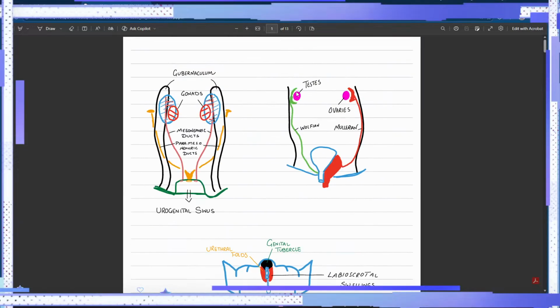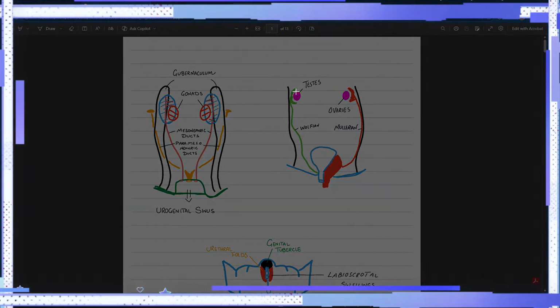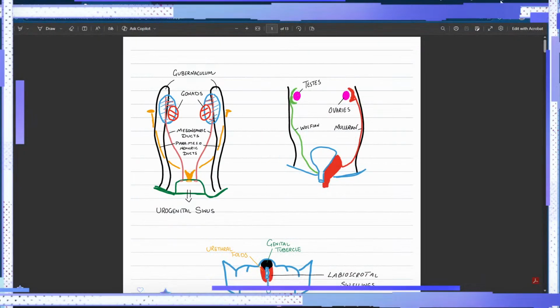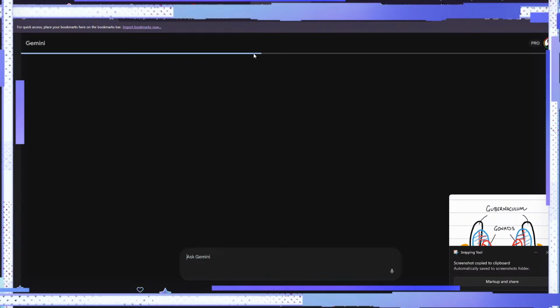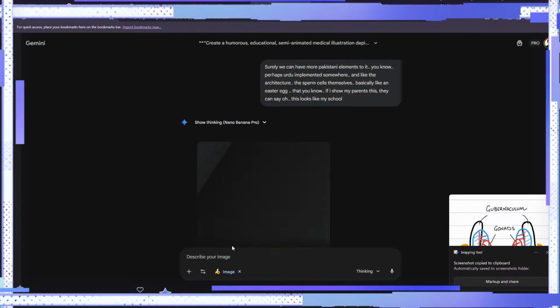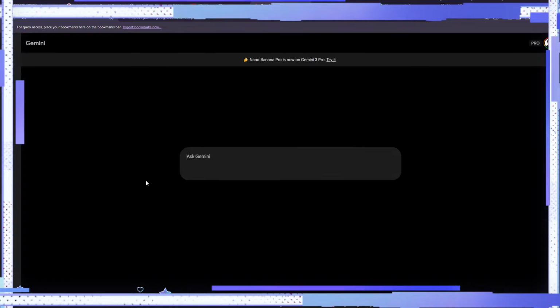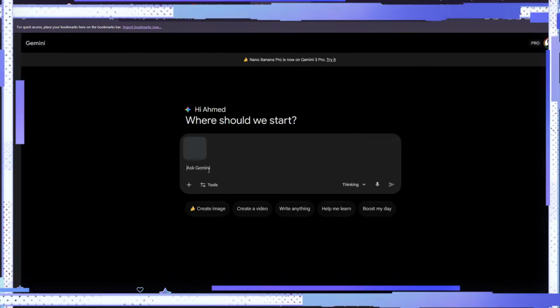Okay. So yeah, let's begin with these images. Let's make them a tad bit more professional. So let's go to our friend Gemini and let's ask it to recreate an image.